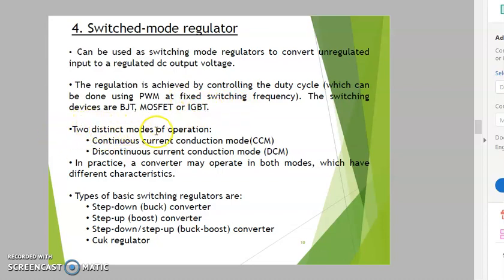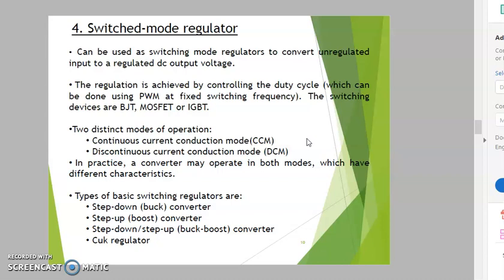In terms of mode, we can distinguish the operation of the regulator as producing CCM, continuous current conduction mode, or DCM, discontinuous current conduction mode. In practice, we can operate both modes together, which actually have different characteristics.